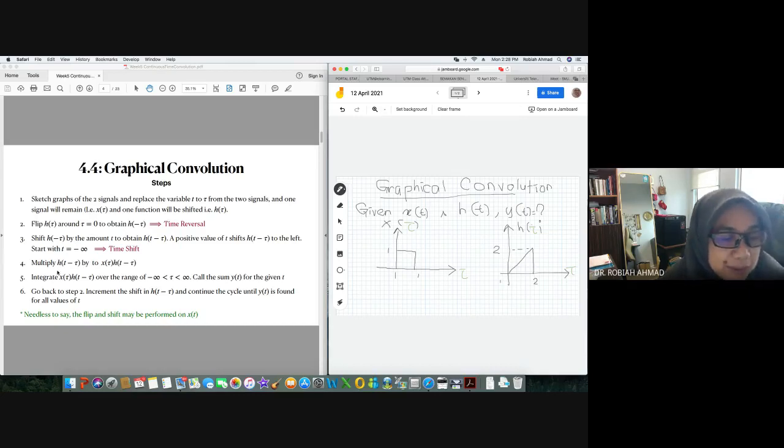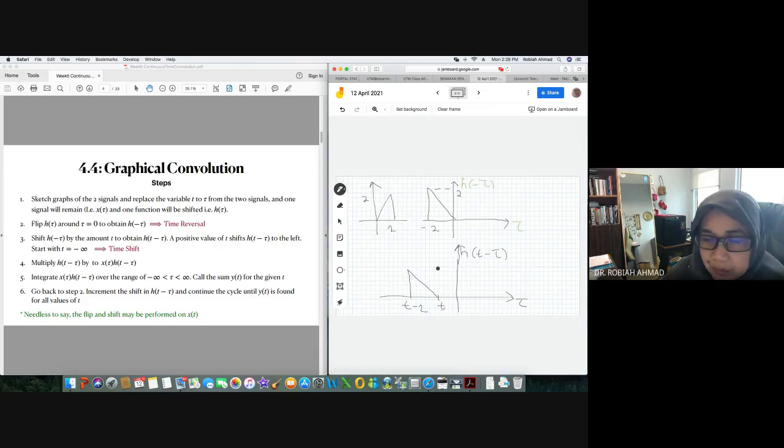To multiply, we are actually integrating these two signals over the range of that integral. So when we do convolution, I will show an example. Initially we had one, which is now x tau.